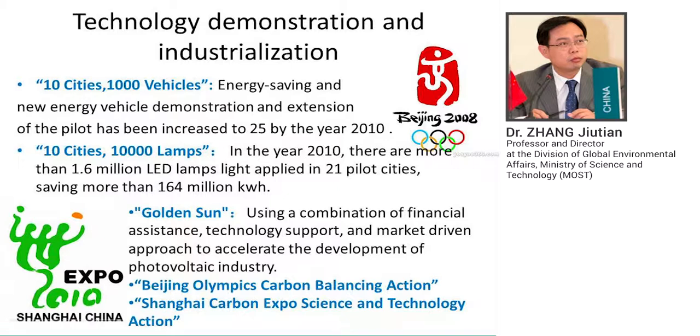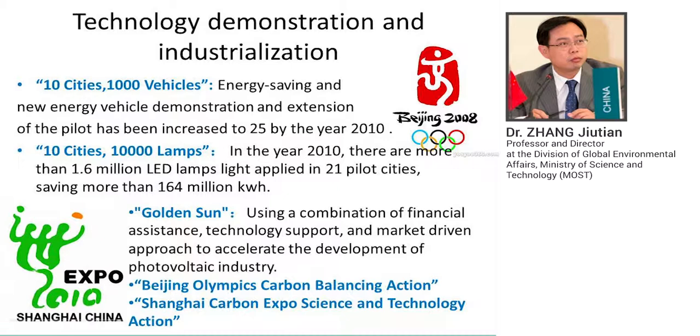During the big events, for example, the Beijing Olympic Games and World Expo in Shanghai, the ministry also worked together with the local organizer to demonstrate the latest technology and let the public know the progress on this. That's a very good show in the big events.